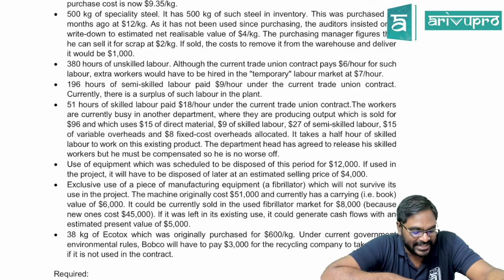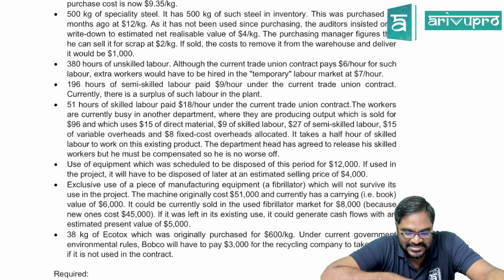The workers are currently busy in another department where they are producing output which is sold at $96 per unit, and it uses $15 of direct material, $9 of skilled labor, $27 of semi-skilled labor, $15 of variable overhead, and $8 of fixed overhead cost allocated. It takes a half hour of skilled labor to produce this existing product.